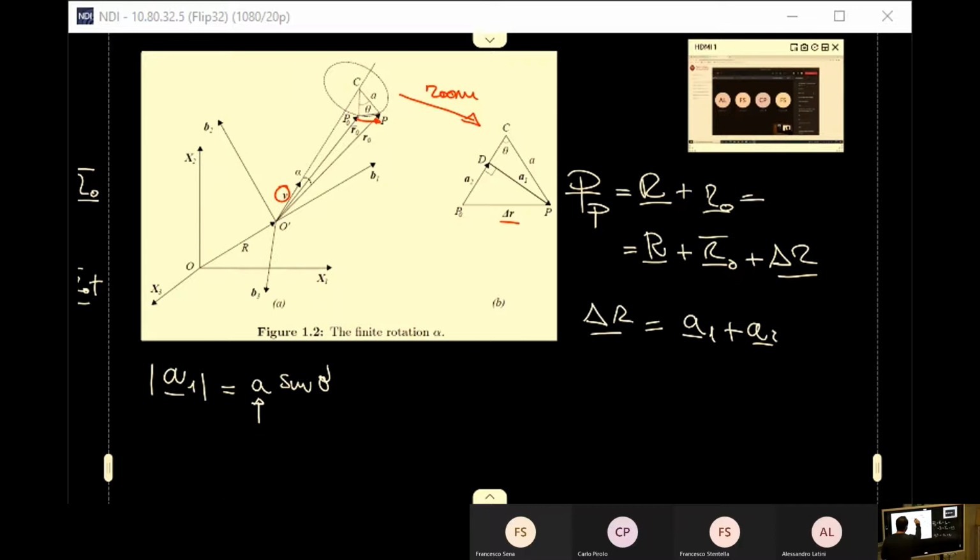Because here we have a 90-degree angle. This is R0 sinus of alpha, in which we have to remember that O prime C P0 is a 90-degree angle, the way we have described it.